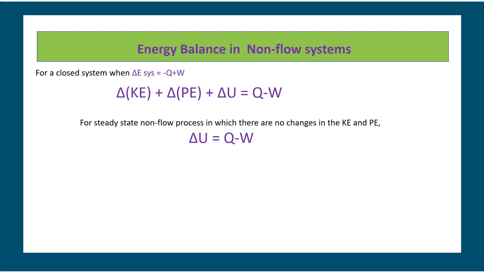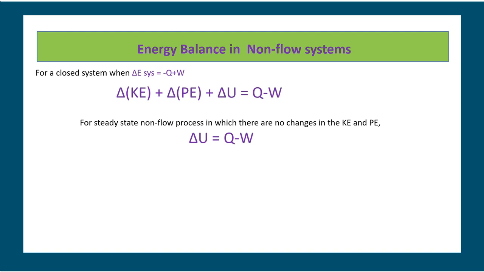If the changes in kinetic energy and potential energy are negligible, then we have delta E of surroundings equal to minus Q plus W. Therefore, from the first law, delta E of system plus delta E of surroundings is equal to 0. So change in kinetic energy plus change in potential energy plus change in internal energy is equal to Q minus W.